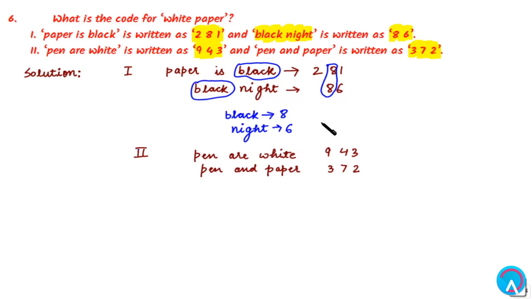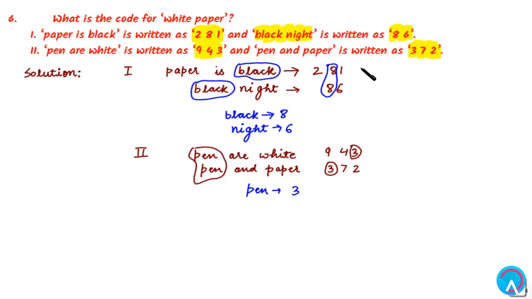In the second statement we can see that pen is common, and between 943 and 372, 3 is common. So from here we can infer that pen stands for 3.